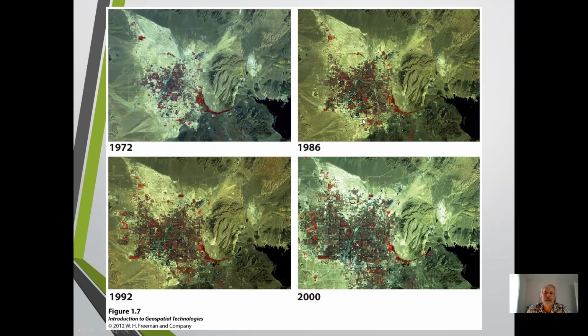That's also interesting. You notice that the spread has pretty much been in this direction, and this direction a little bit. Probably the reason most of the spread has gone this way is that it looks fairly flat over here, where we've got somewhat of a mountainous area over here. So you can see the spread tended to go that way. And you can see what this looks like by 2000, and I'm sure it's even bigger today.